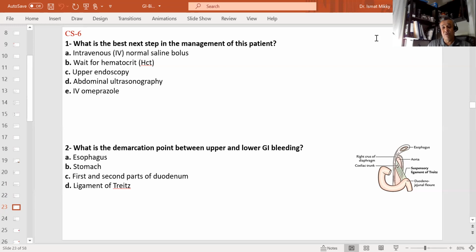The patient should immediately have two large bore IV lines placed and receive normal saline boluses, followed by packed RBC blood transfusion.